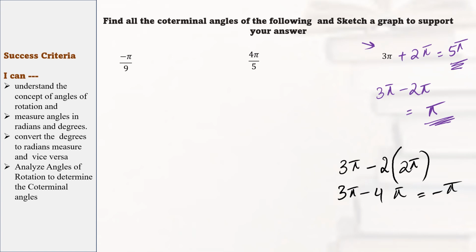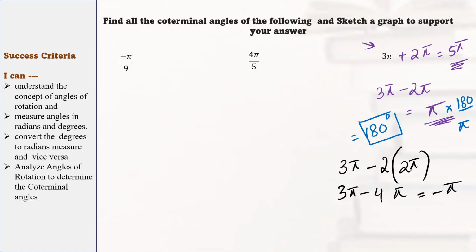Now what do I know by this one? 1 pi means 180 degrees. Now if you have not memorized yet, 180 over pi gives me 180 degrees. 3 pi plus 2 pi means 5 pi.